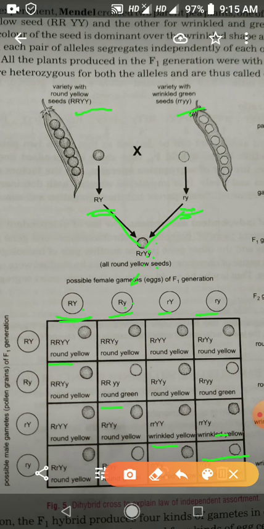These 4 types of gametes on random fusion produce 4 types of offsprings. Which 4 types of offsprings were produced in F2 generation?